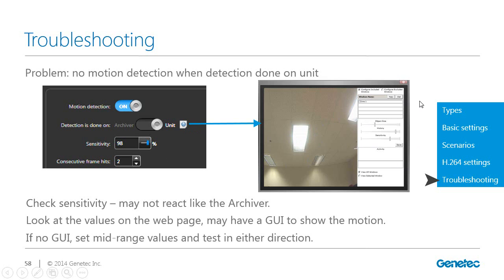If you do have a hardware unit that doesn't have a GUI like this, and they are out there, you're going to have to just set some mid-range values and basically test in either direction and see what comes out of there. I know there's a few units that I've had to telnet into in the past, and it can be a little bit of a headache, but it's doable, and you can get through it. So that's if you're only on the unit detection there.